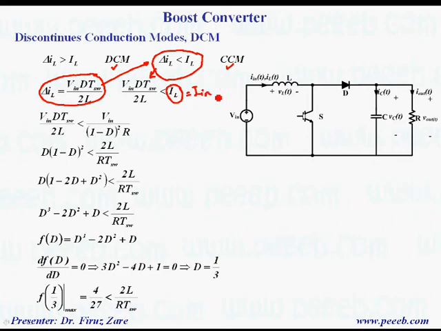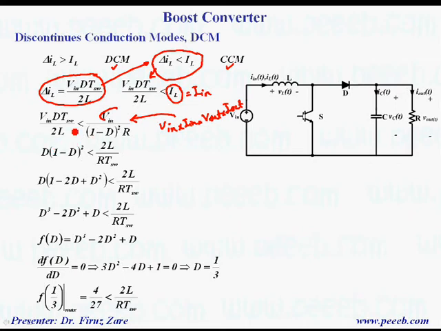Because of the input current, as we mentioned, V in times I in equals V out times I out. So we can find V in terms of V out, I out, and V in, which is here, because V in over D prime is V out, and then we can simplify that into this equation.